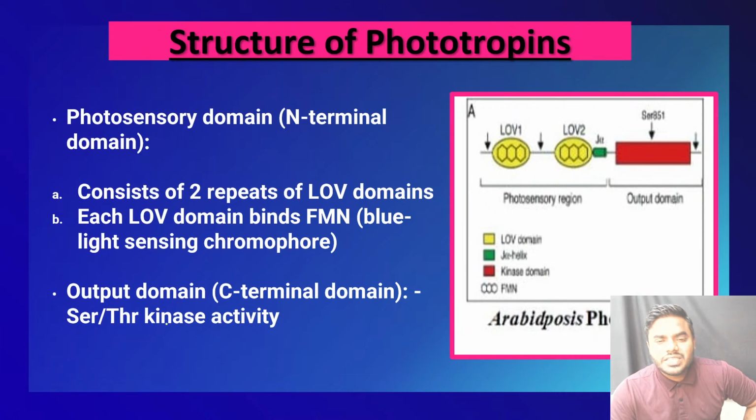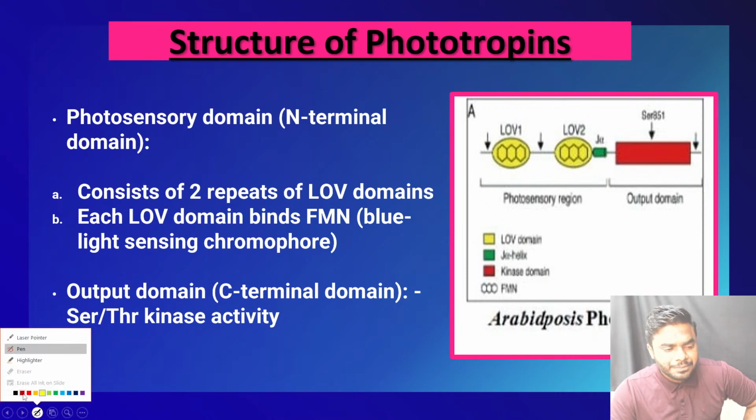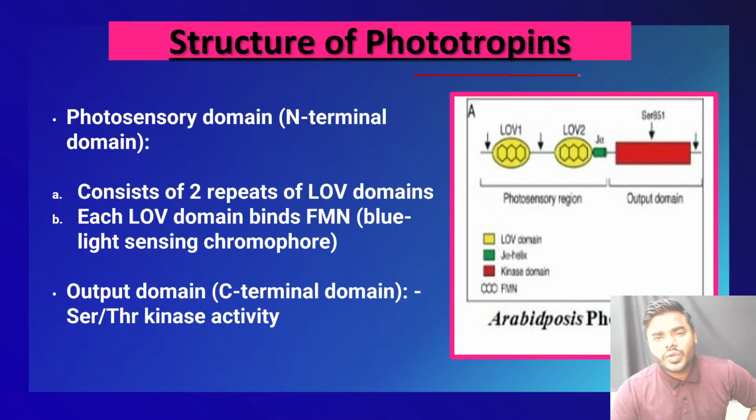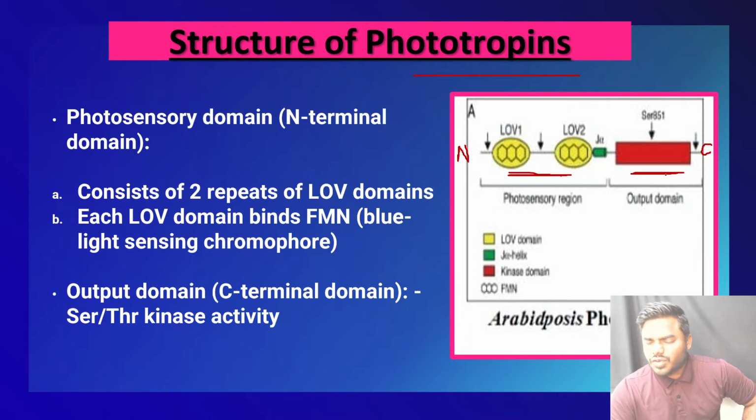So once again, please listen to me carefully. I'll re-explain. A phototropin is a protein consisting of an N-terminal domain and a C-terminal domain. This phototropin is broadly divided into two regions: one we call the photosensory region, and the other, friends, the output domain. Kindly do not forget this point.